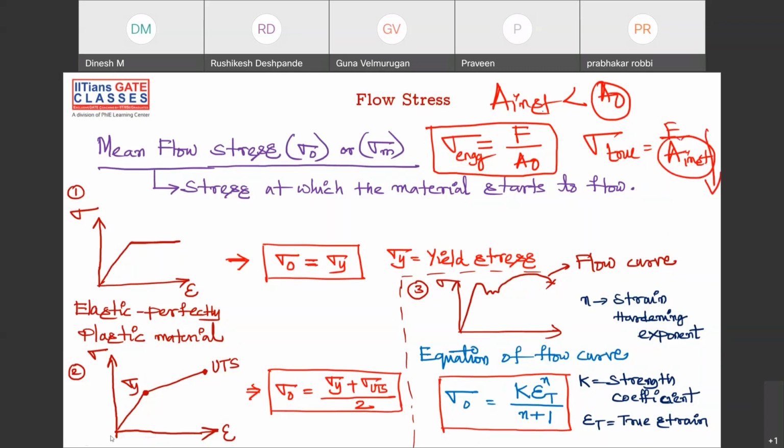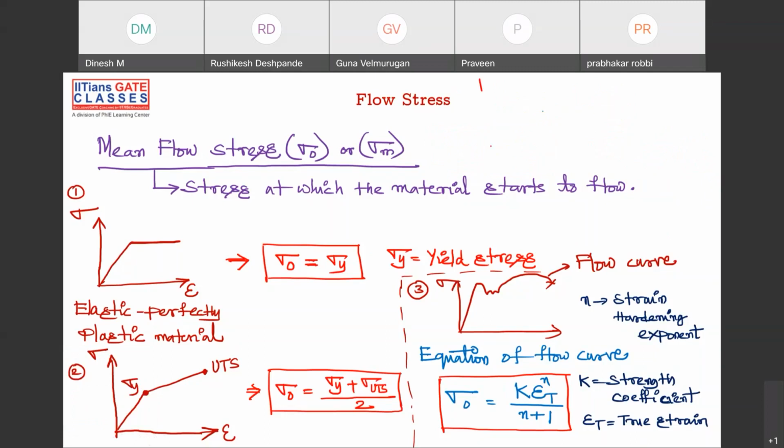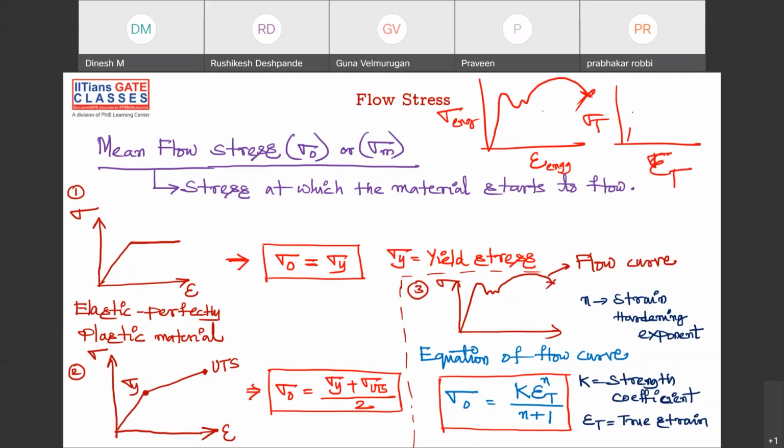Now if you want to see the diagrams, this is engineering strain and this is engineering stress. It goes like this and then comes down to fracture. But if you look at true stress against true strain epsilon, it will go up, it will not come down. Why?